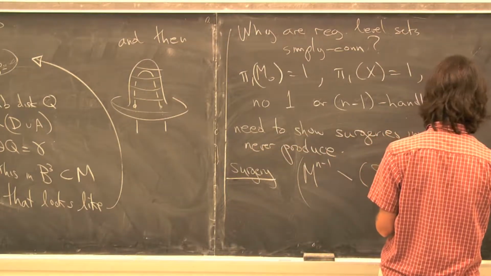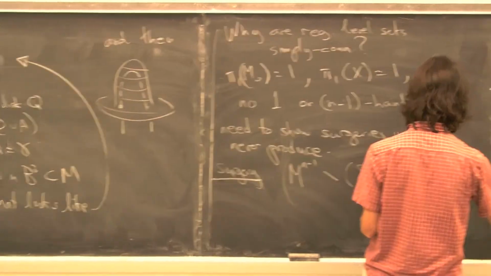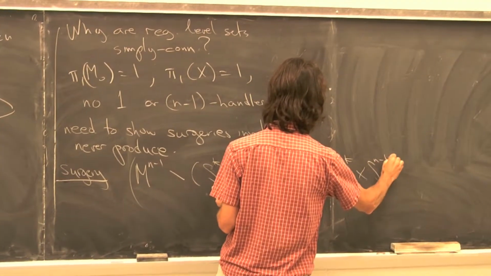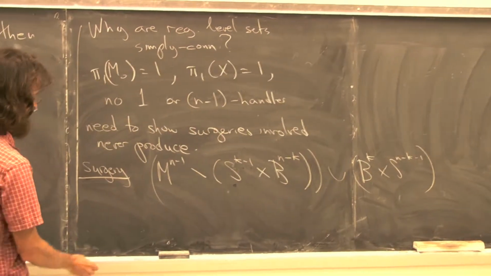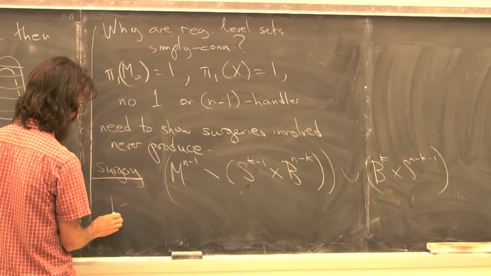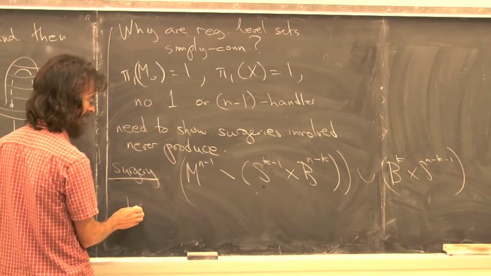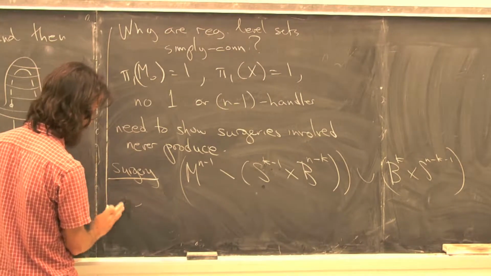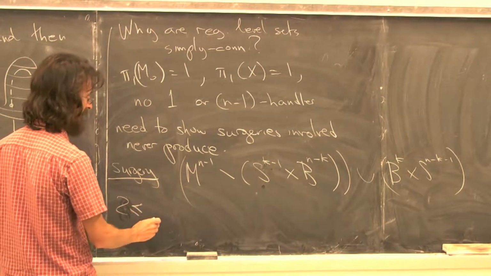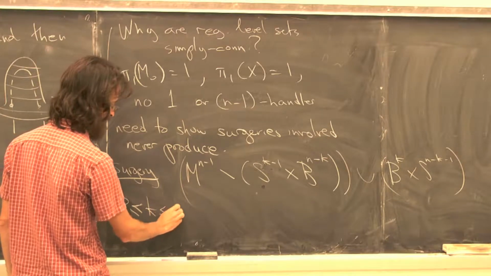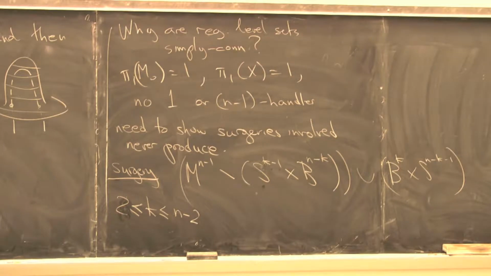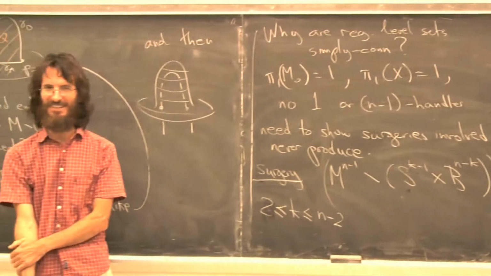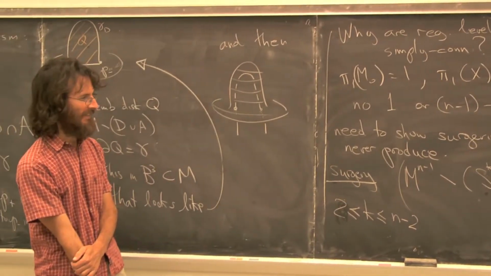Union a B^k cross S^(n-k-1). Now what is k here? k is bigger than 1, right? k is between 2 and n minus 2, right? And n is as big as we want it to be, right? We'll see what we need for n.